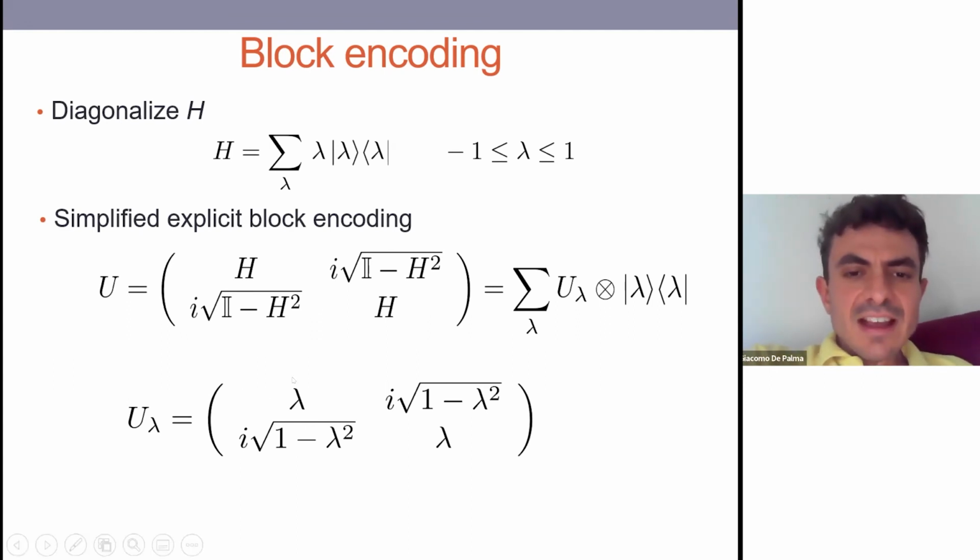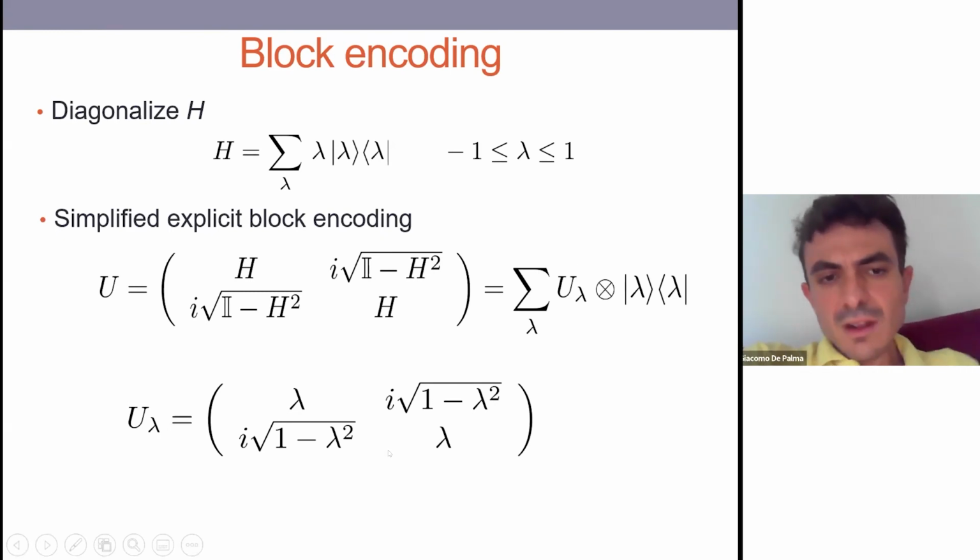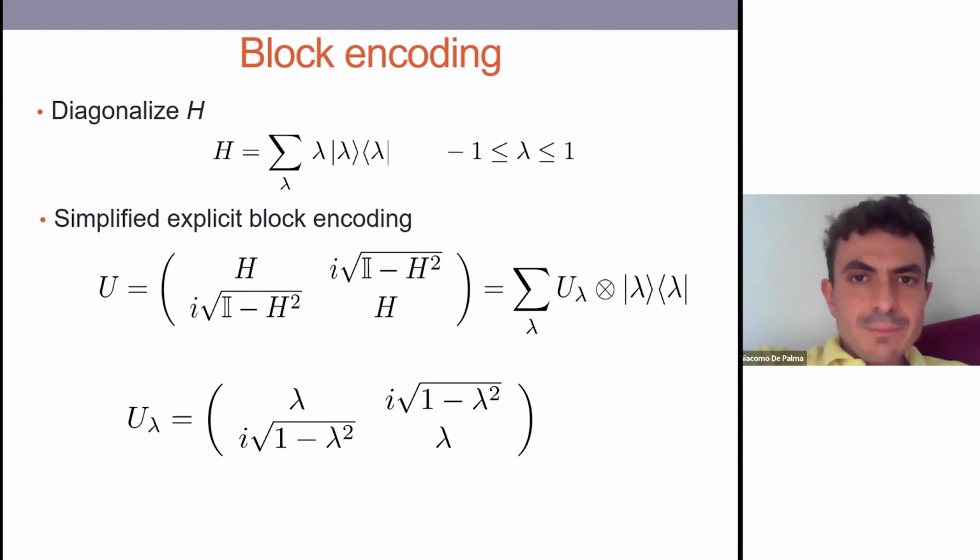And this U lambda has exactly this form, and it's very easy to check this equation.